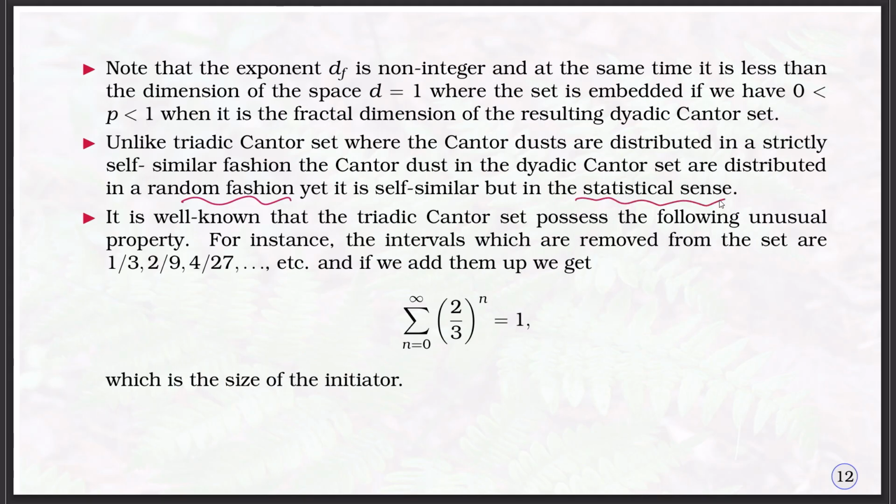In the triadic Cantor set, we divide into 3 equal parts and remove the open middle part in every step. Therefore, the dust is equally distributed, uniformly, with the same self-similarity, that means strict self-similarity. Whereas in the dyadic Cantor set, the points are distributed randomly based on the probability. By adjusting the probability, we can take the dimension toward 0 or toward 1, and the distribution is random with respect to the probability.